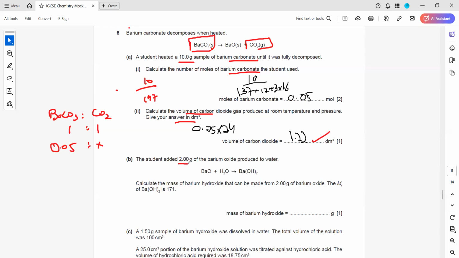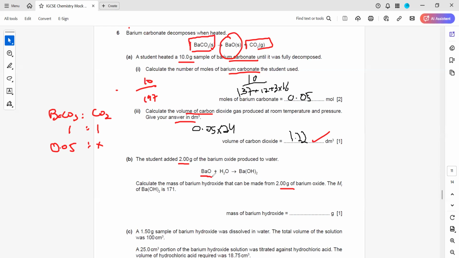The student added 2 grams of the barium oxide produced to water. Calculate the mass of barium hydroxide that can be made from 2 grams of barium oxide. Here we can use a ratio of the mass. If a mass is needed and a mass is given, we can use the ratio of the mass.